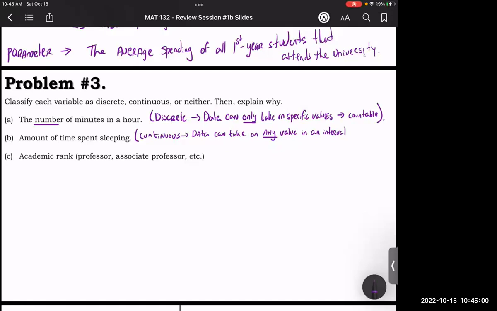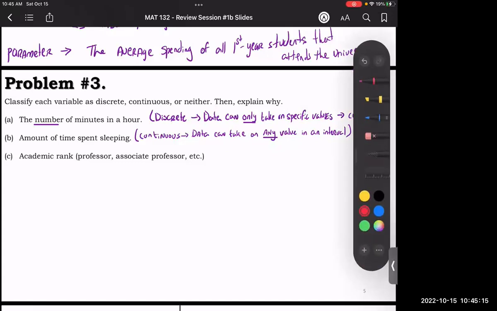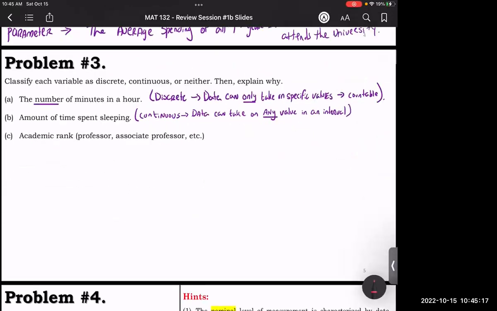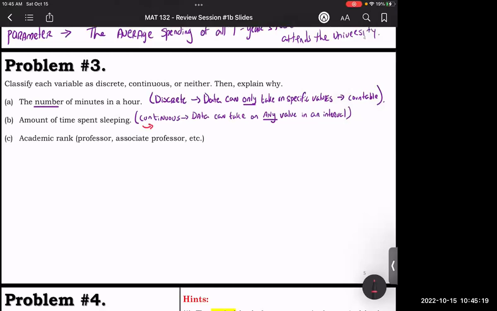When you're dealing with a continuous data set, that one is tricky. The data values are uncountable, or you're dealing with some sort of scaling or some sort of measurement. So these are three words that you can associate with continuous. Just like how I had discrete, where I underlined the word number, that was a dead giveaway.